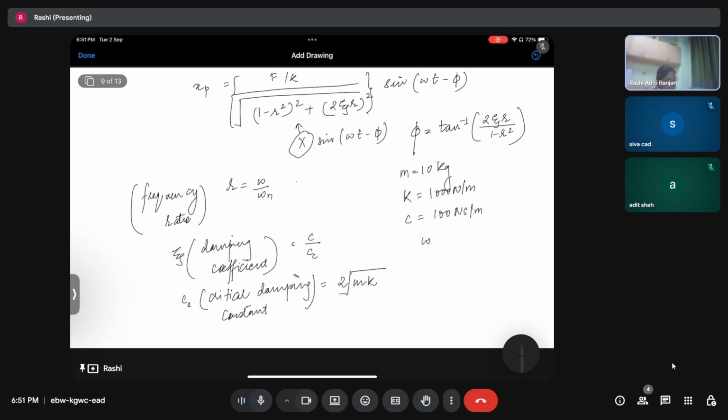So omega n is going to be nothing but under root of k by m, which is 1000 by 10 under root, 10 radians per second.